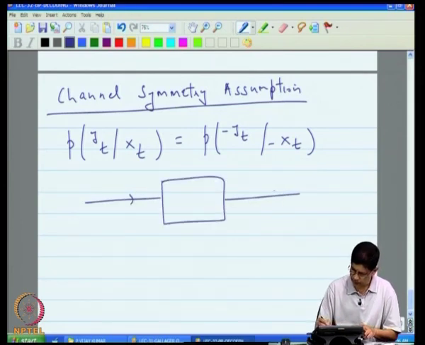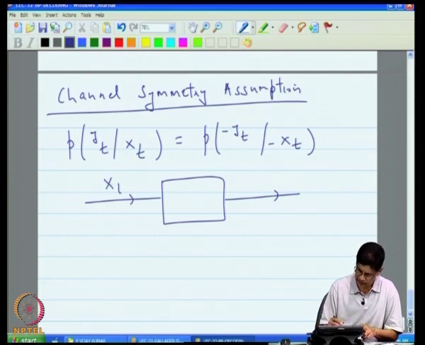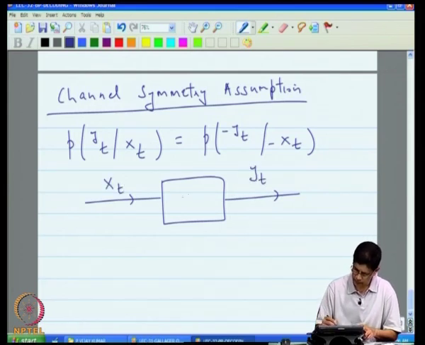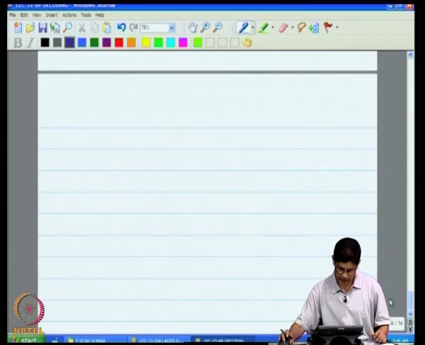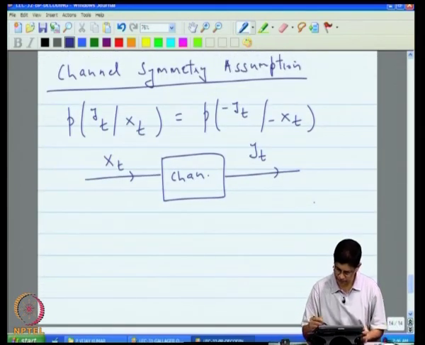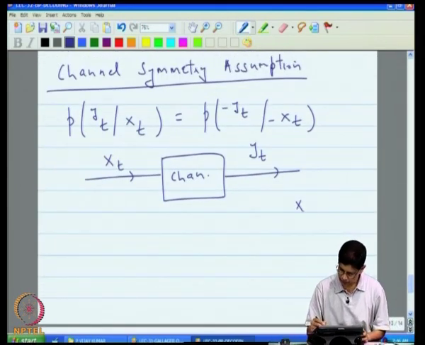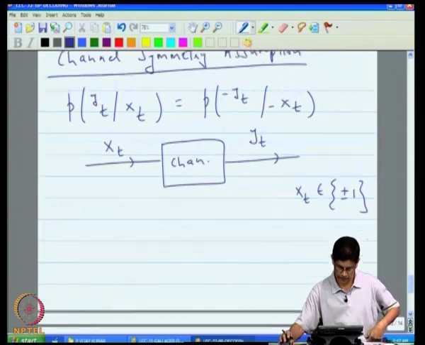Okay. So, here I am thinking of the following picture, that is, the input to the channel is xt and the output is yt. Now, your xt here is either plus or minus 1.